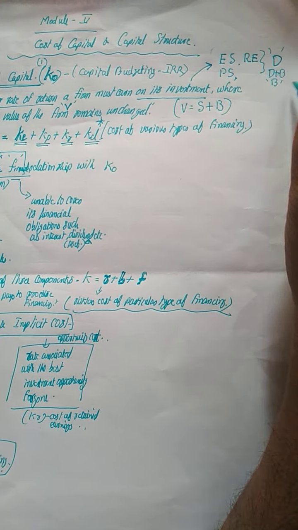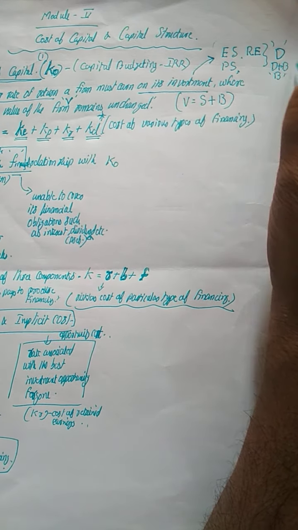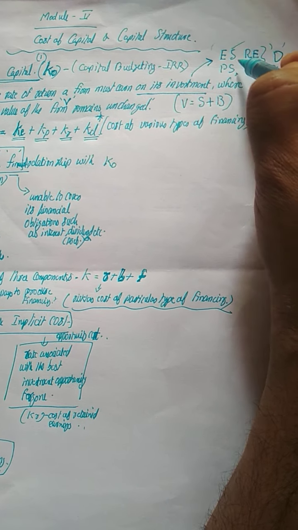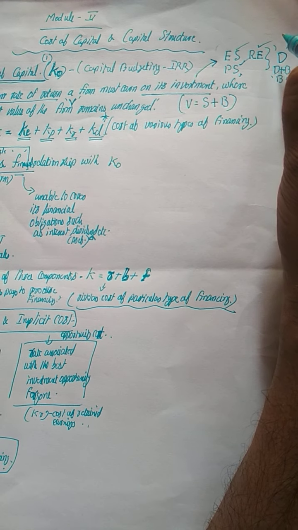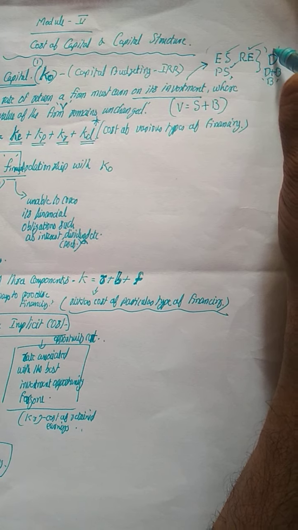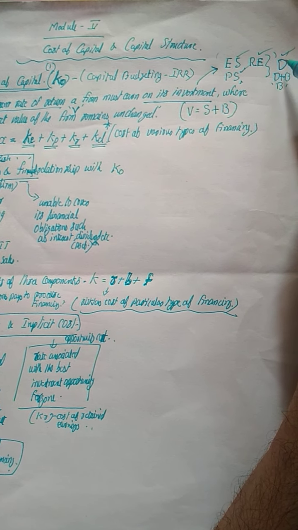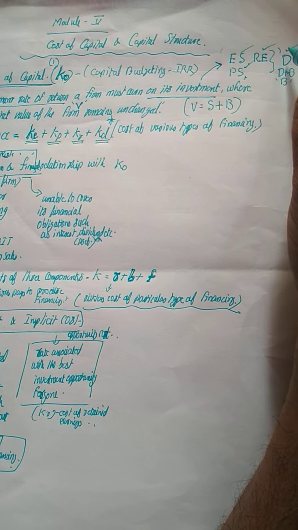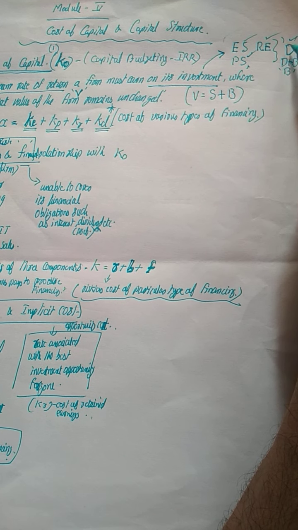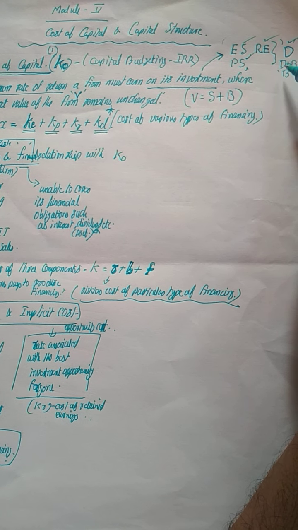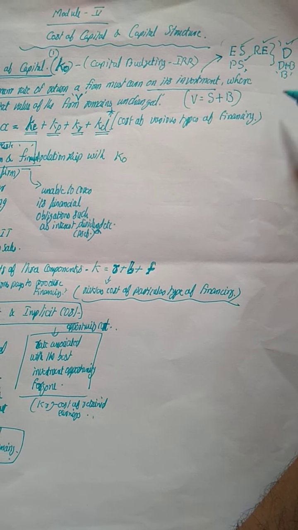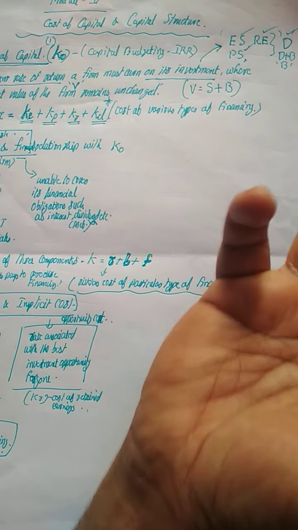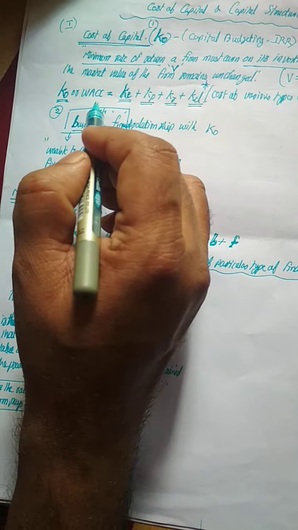So when a company makes investments by means of equity shares, preference shares, retained earnings in the long run, and through the external source of finance, debt, which includes debentures, bonds, borrowings, and long-term loans, it should get a minimum return. That is what this cost of capital implies.